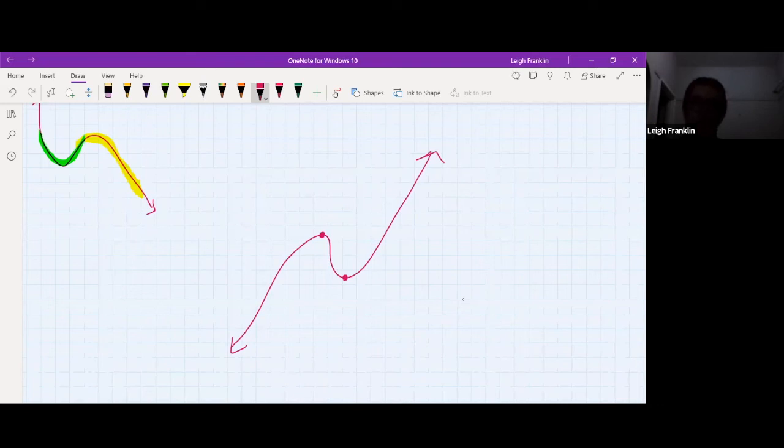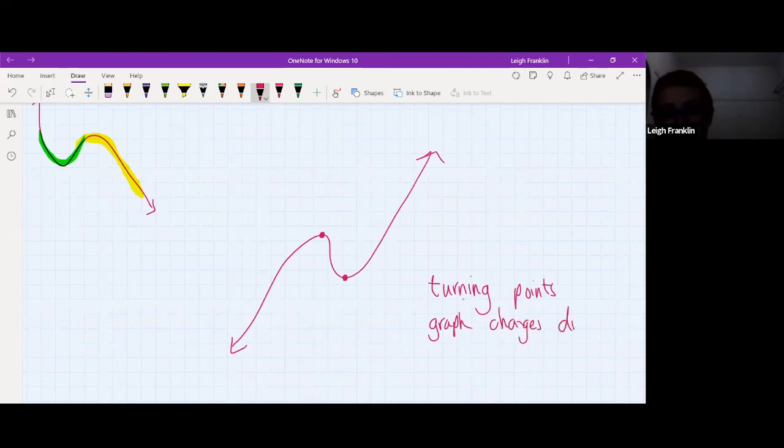When the graph changes direction, those are called turning points. And you will also find that there is a change in gradient.